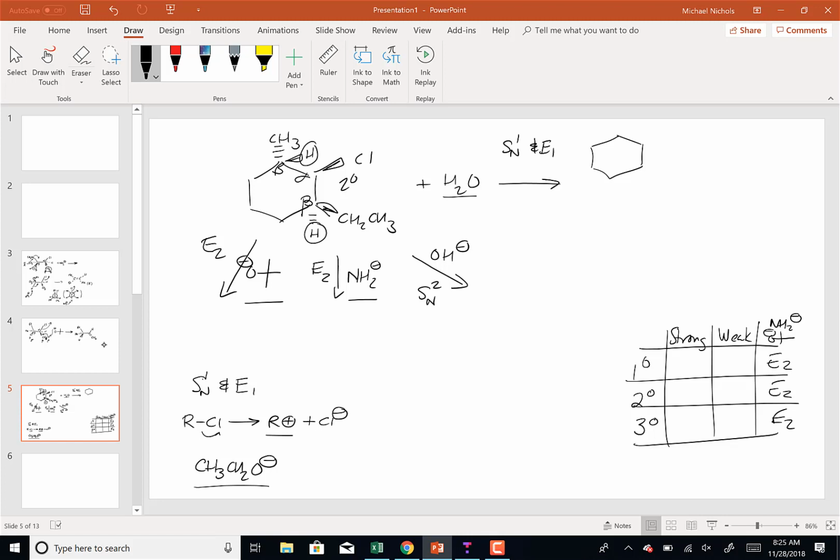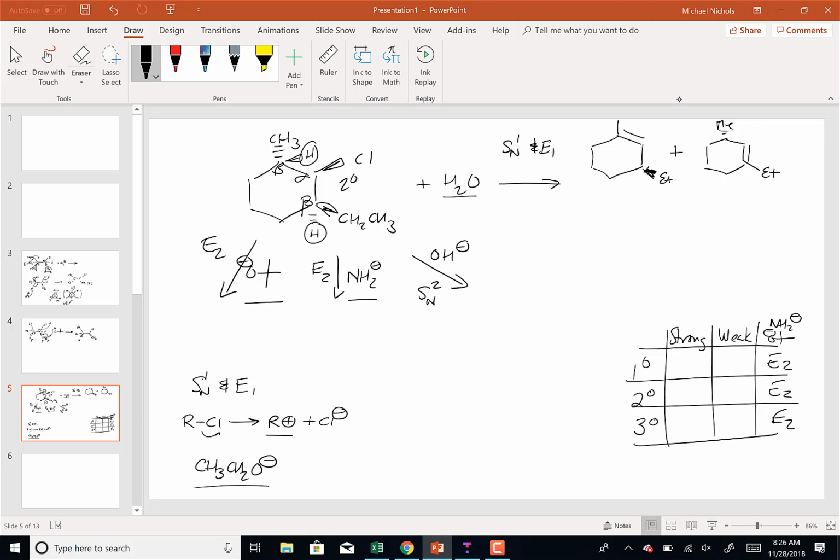So if E1 gives me the most stable, most substituted product, then I'm going to get both alkenes. I'm going to get both of those products. As far as the E1 goes, those are both major products because E1 gives you the most stable, most substituted double bond. Now, what about the SN1 part?